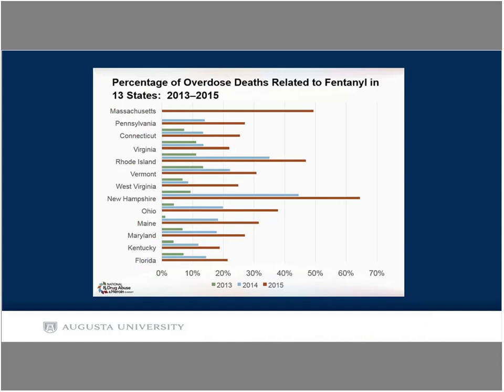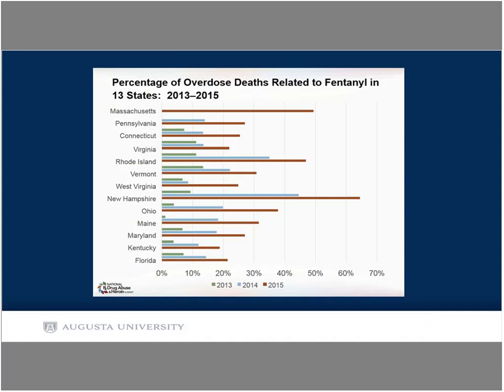So this is the percentage of overdose deaths related to fentanyl from 2013 to 2015. And what you'll see is this is the percentages across the bottom. The green is 2013, blue 2014, and brown 2015.